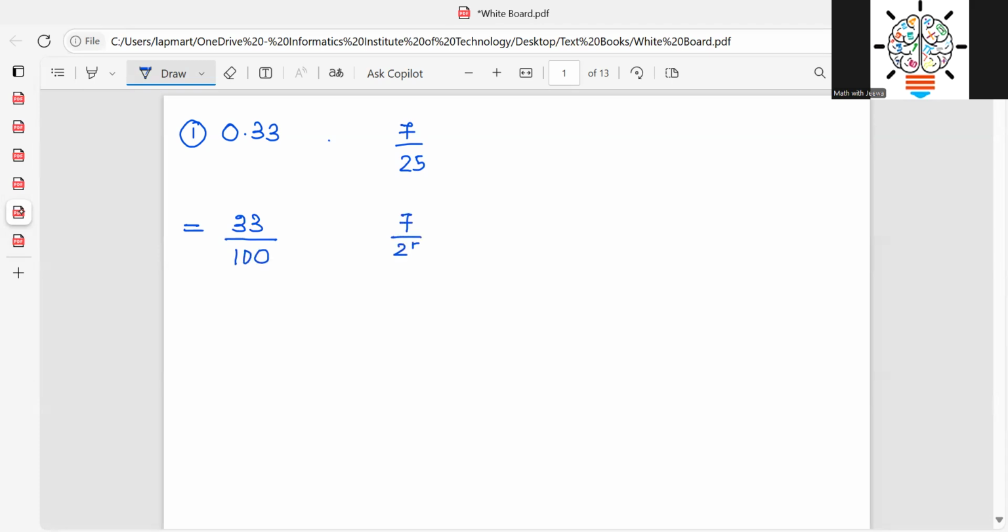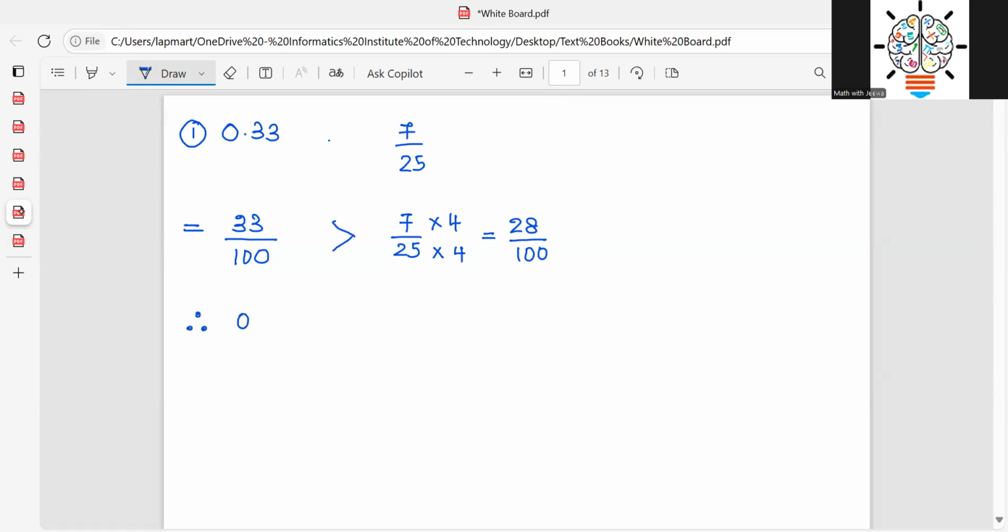It is also a fraction, but there is a problem. Even though both of them are fractions, I can't compare them because they do have different denominators. To make the denominators the same, I multiply by 4, that gives me 28, and this gives me 100. Now, when you compare 33 over 100 and 28 over 100, you know 33 is bigger.